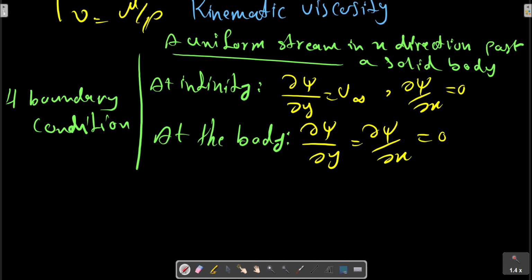One important application is inviscid incompressible irrotational flow.